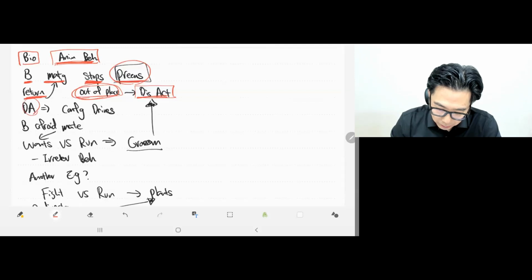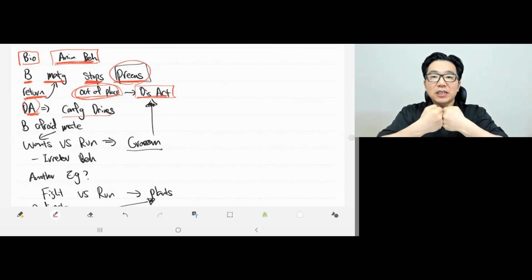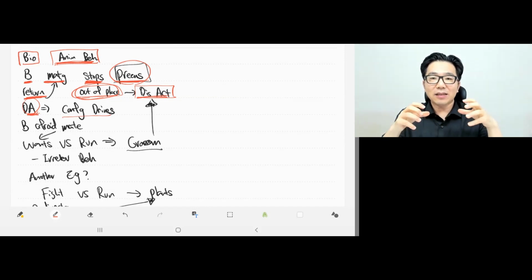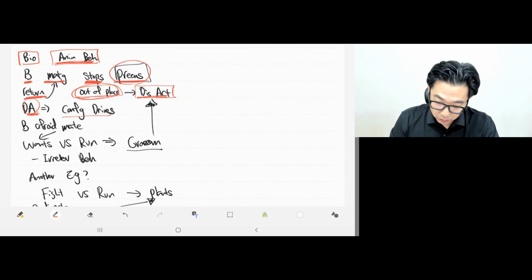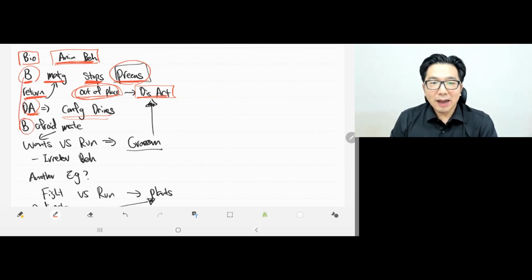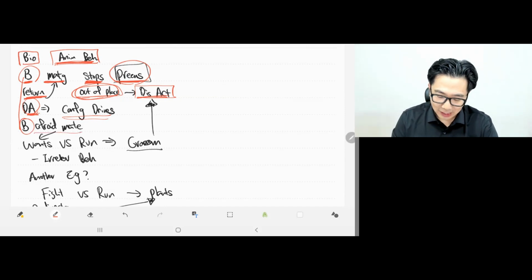This displacement activity happens when an animal has conflicting drives. Conflicting means clashing, not in the same direction or not in agreement with another. So two conflicting drives means two opposite, clashing drives. To give an example with this bird, to continue explaining: I don't know why, but the professor said it, I didn't make this up. It's kind of funny.